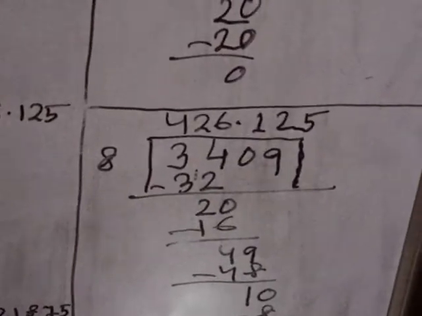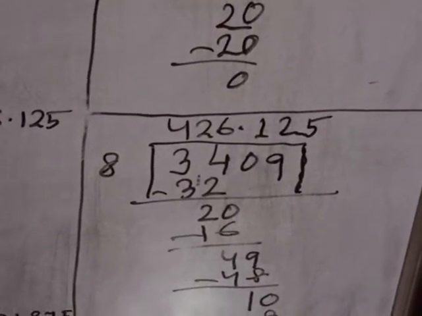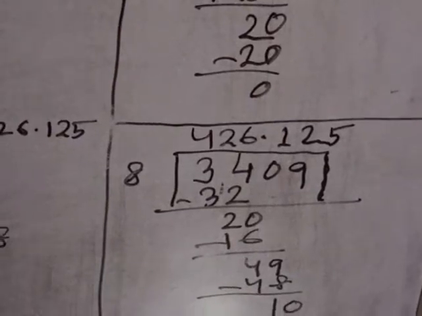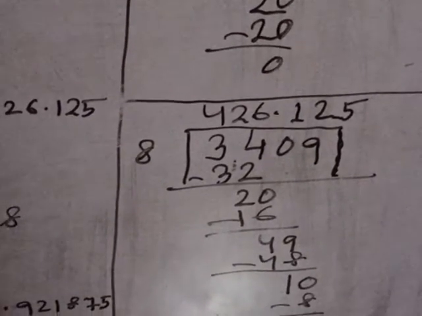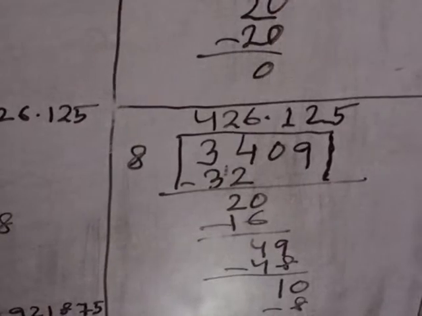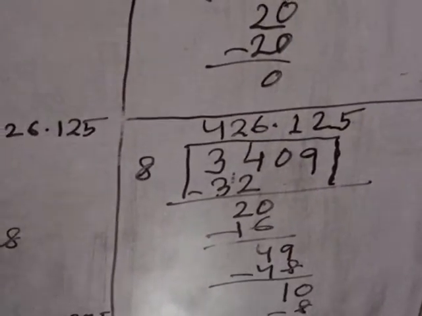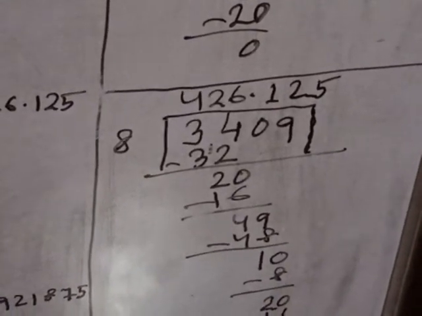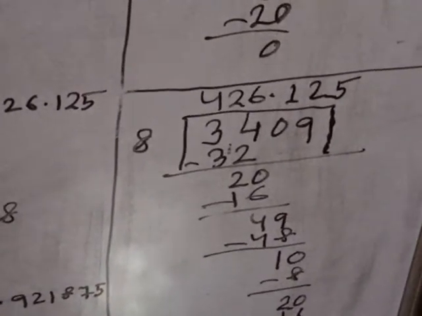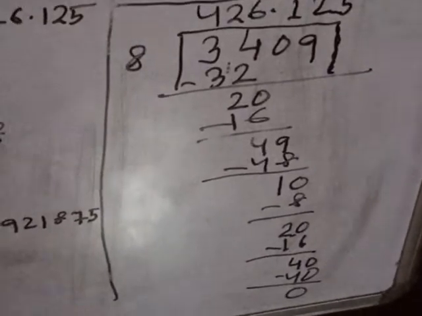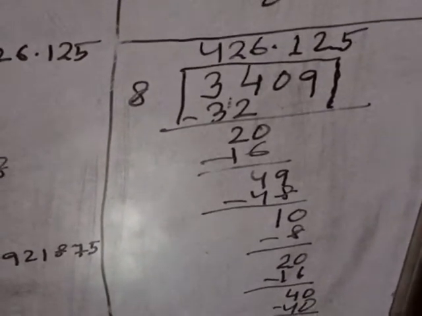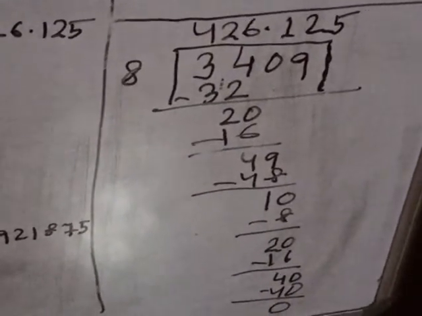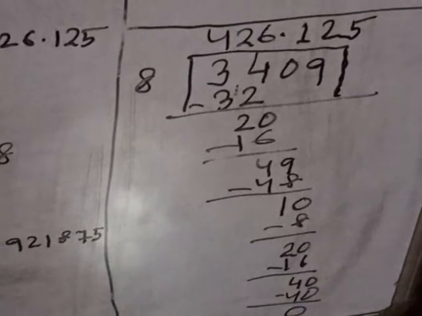You can see, 3409 by 8: 8 4 is 32, 4 minus 2, 2, 0; 8 2 is 16, so 10 minus 6, 4, 9; 8 6 is 48, 1, so put the decimal point and put another 0, the number will be 10; 8 1 is 8, 10 minus 8, 2; since the decimal point you can give 1 0, 20, and 8 2 is 16, 4, again put another 0, 40, 8 5 is 40.